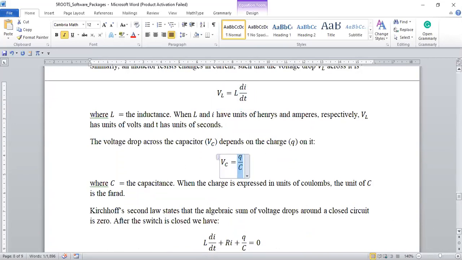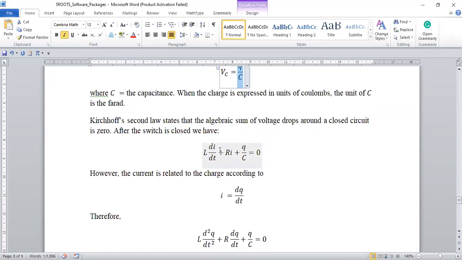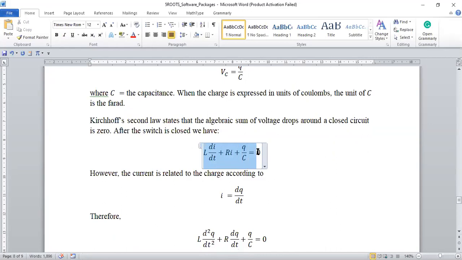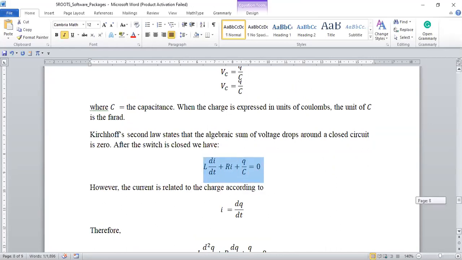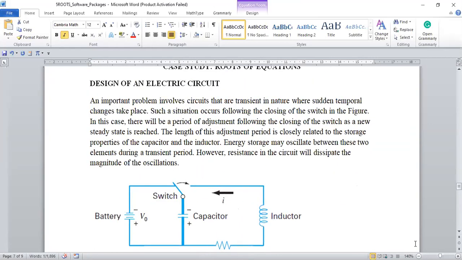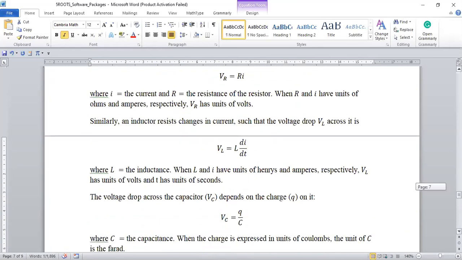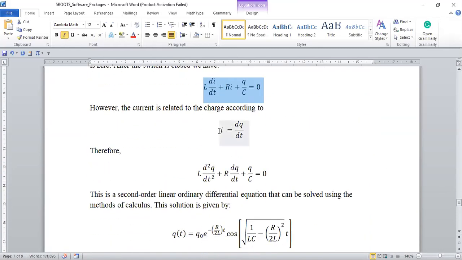So we use Kirchhoff's second voltage law, that the algebraic sum of the voltage drops in a closed circuit is 0. So we sum up the voltages in the circuit, and it is equal to 0. Then we know that the current is equal to the rate of change of the charge with time.